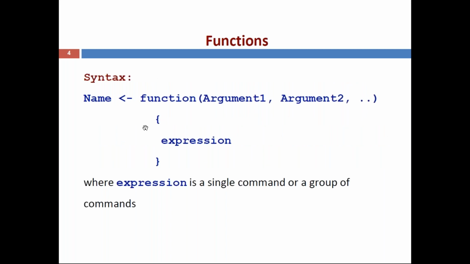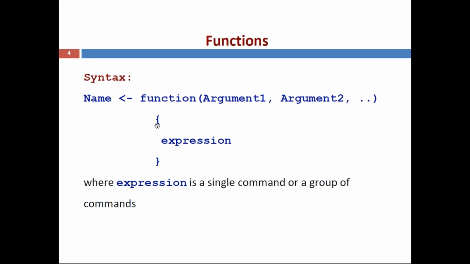Then coming to how to define a function in our R software. First you can see the syntax. A function can be defined with the keyword function, all lowercase letters, then within brackets, arguments separated by commas: argument 1, comma, argument 2, and so on.